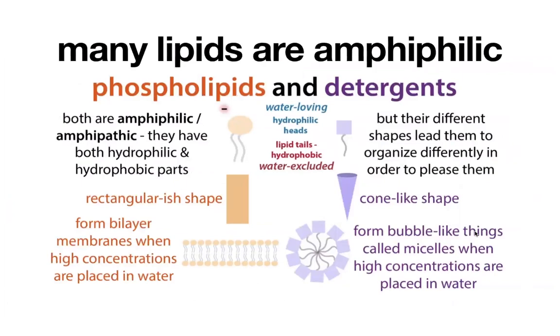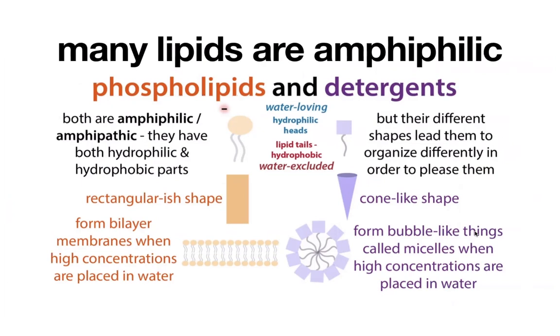I said that lipids are largely hydrophobic, and that's true, but many of them are also amphiphilic, or what we call amphipathic. Basically, they have hydrophilic and hydrophobic parts, and depending on how they're shaped, they're going to form different arrangements when you stick them in water.